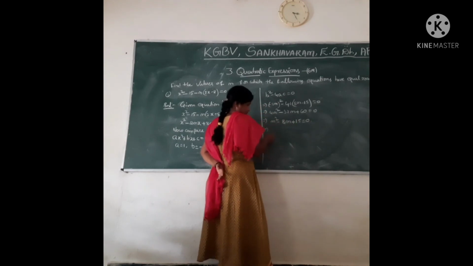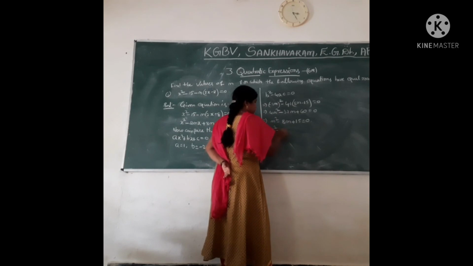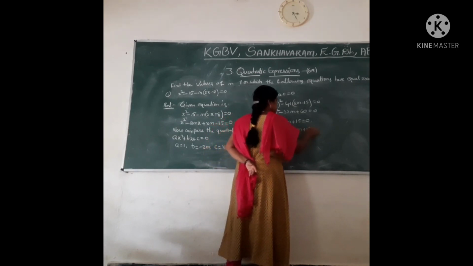And this one is simplified: m square minus 5m minus 3m plus 15 equal to 0.